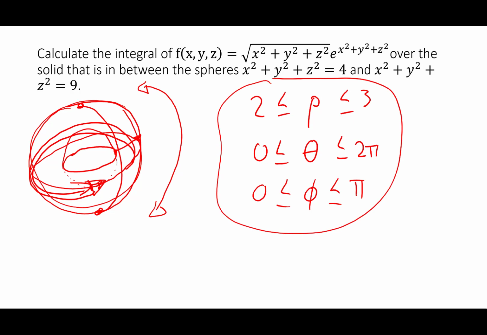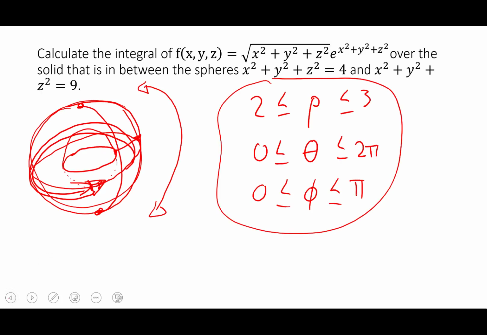So when we go to integrate, we're actually in pretty good shape, and notice that all these limits are constants, so our lives are a little bit easier. Although since this is a triple integral, it's going to be a little bit more complicated. Our triple integral over this solid of the square root of x squared plus y squared plus z squared, e to the x squared plus y squared plus z squared, dV.